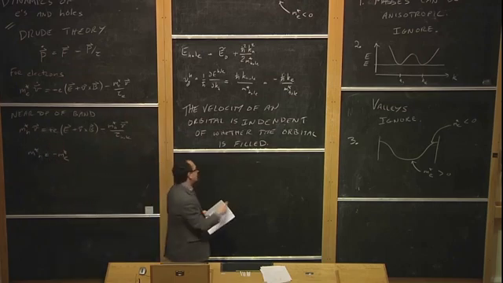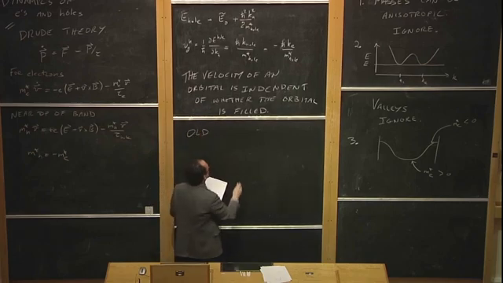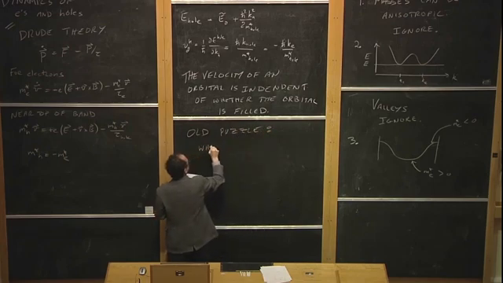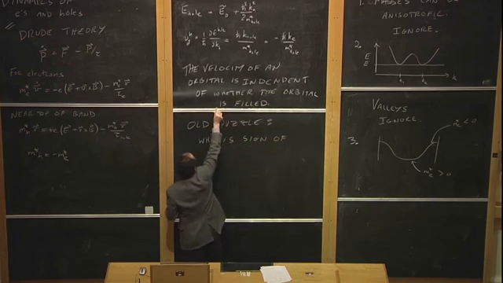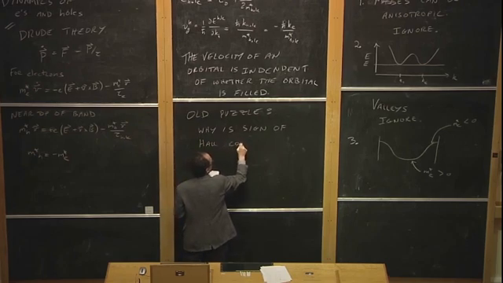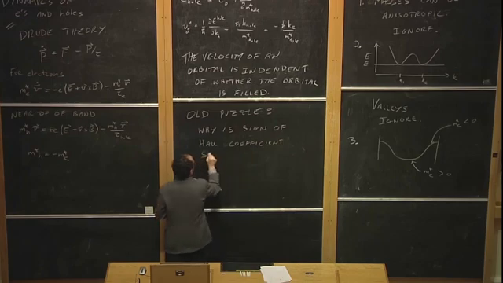Now this resolves one of our old puzzles, from the second or third day of term. The old puzzle was why the sign of the Hall coefficient is sometimes positive.